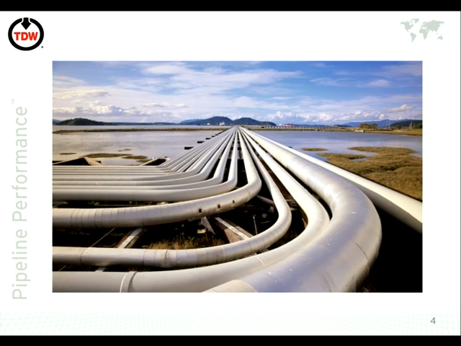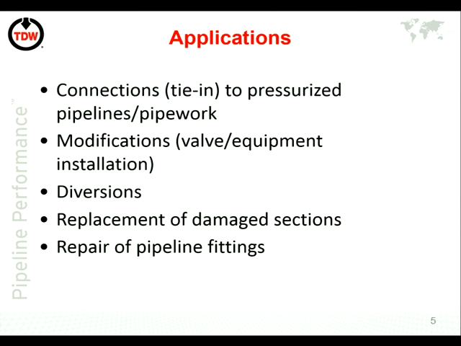So the applications we use it for: if we've got an existing pipeline, we can connect into it, we can tie into it, we can modify that pipeline, we can change valves or any equipment which is on there. We can divert the pipeline, so we can change its direction, and we can also replace damaged sections. And then obviously fittings which are on that pipeline, we can repair them whilst the pipeline is still in operation.